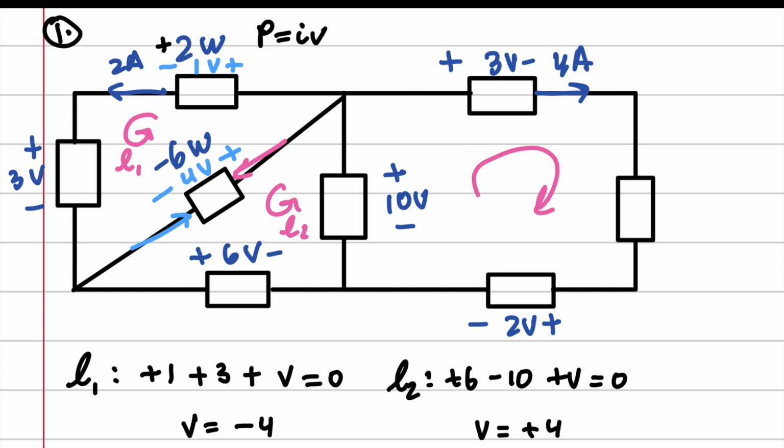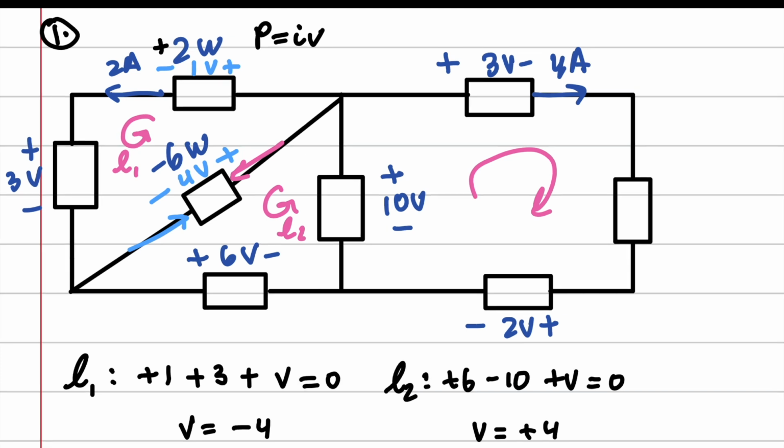And this is consistent, because how can we make a negative power if we're going this way? So the actual direction is going this way, because if we did it this way, we would get a positive 6 watts, which is not correct. This is wrong, as given by the problem. So we can delete that, and we can delete that.